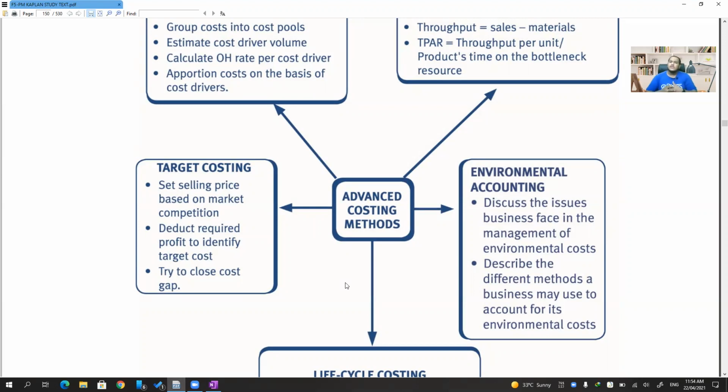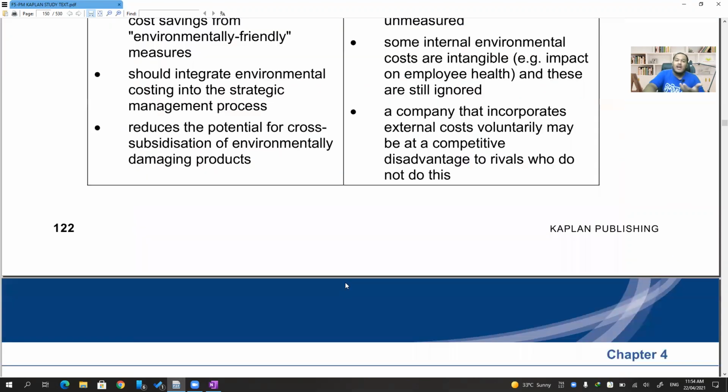Government rules and regulations may state that, okay, you need to do these kind of activities. You need to clean the lake near your factory, or you need to install oxygen purifiers, air purifiers in your factory. They will definitely create certain kind of restrictions, and to meet those you need to incur some costs. So these are called environmental costs.